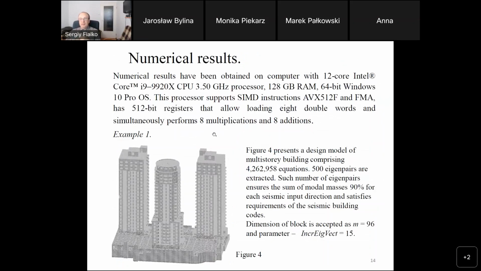Figure 4 demonstrates a design model of a multi-story building with more than 4 million equations. The 500 eigenpairs are extracted, and such a number of eigenpairs allows us to satisfy the requirements of seismic codes, namely the sum of modal masses in each seismic direction must be not less than 90%.